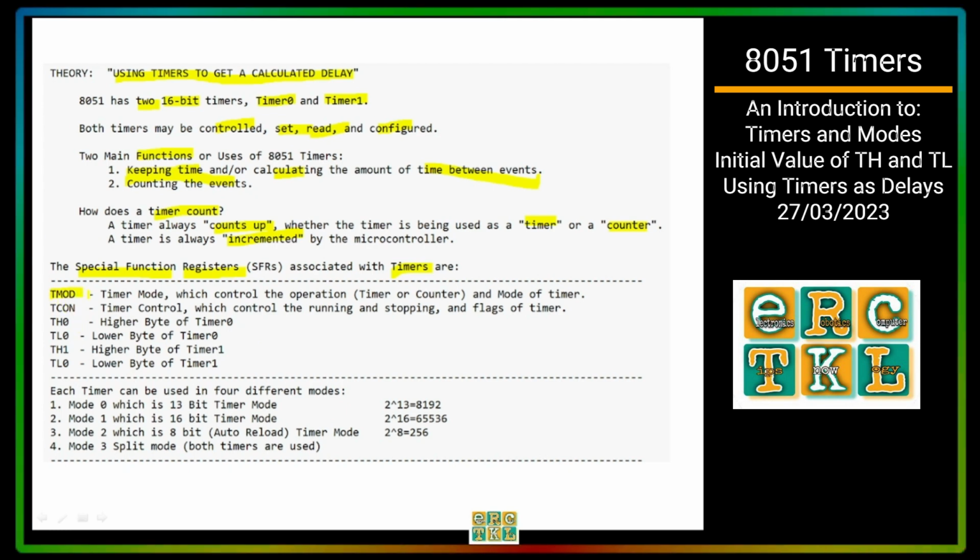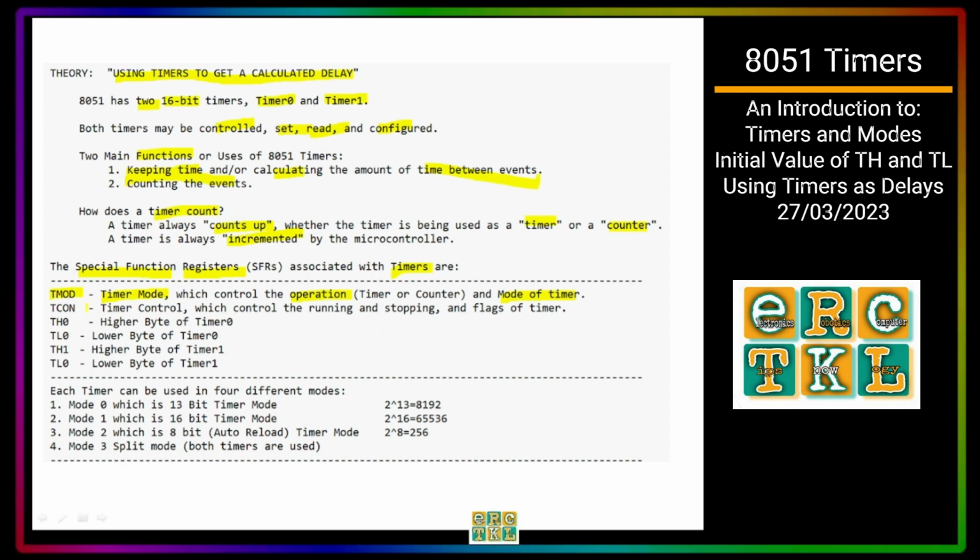Remember in theory, this is called the timer mode, and it controls the operation, whether we will use timer 0 or timer 1, counter 0 or counter 1. And it is also used to set the mode. Do you remember how many modes we had yesterday in theory? 0, 1, 2, and 3.